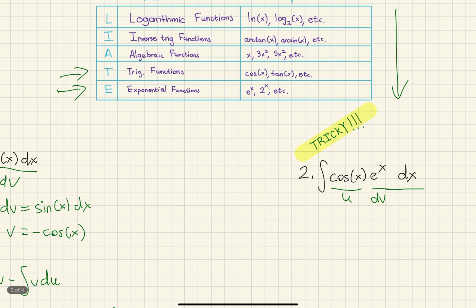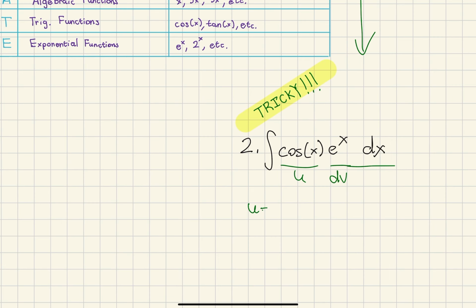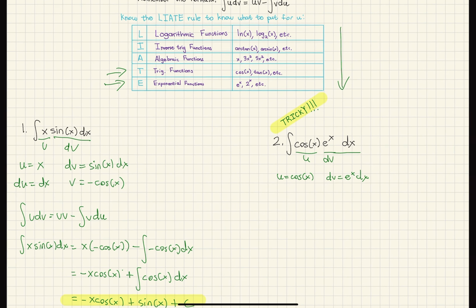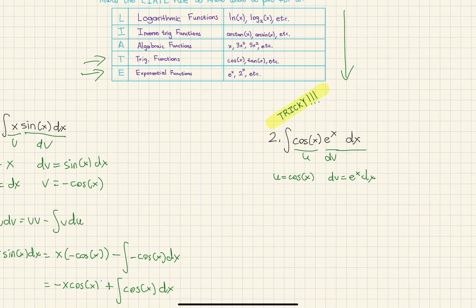So let's write this down. u equals cosine x and dv equals e to the x dx. We find the derivative as we did before, which equals negative sine x dx, and then we find v, which is just e to the x, because the integral of e to the x is still the same.